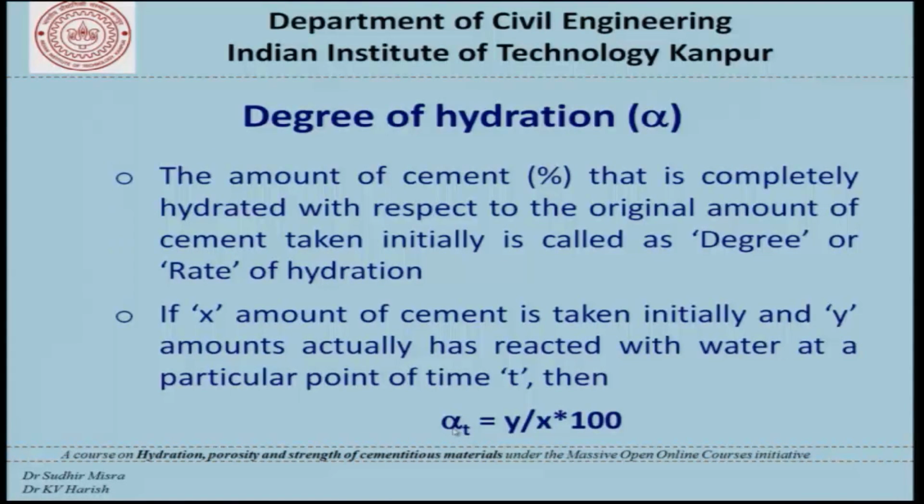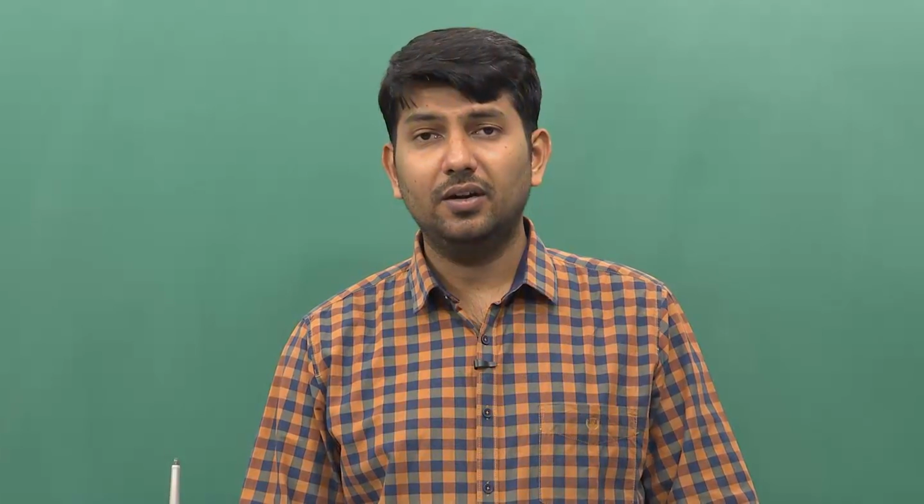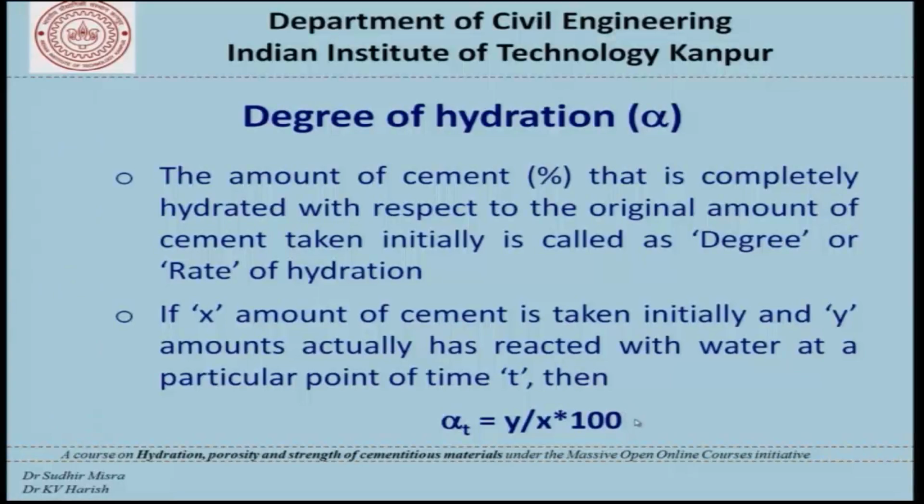Remember that alpha is a function of time, because alpha does not remain constant. In cement hydration, from the time you add water to cement until it achieves say 28 to 90 days, alpha keeps on varying. That is very important, primarily because cement keeps on hydrating. The unhydrated cement is getting reduced and alpha is always increasing.